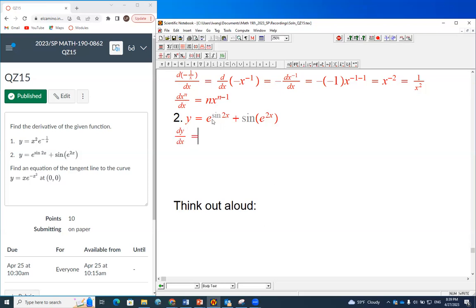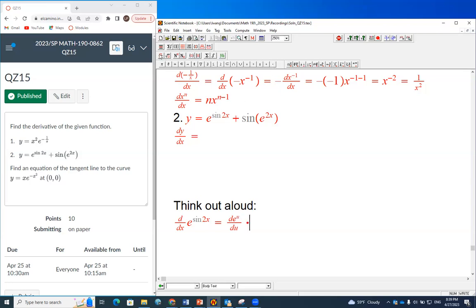And that's going to be, we're going to take the derivative of this piece, right? If you need scratch paper, you can write it down on scratch paper, and you can also show the work if you want. So you're going to treat this as a u. The derivative of e to the power of u, and obviously u is sine 2x.